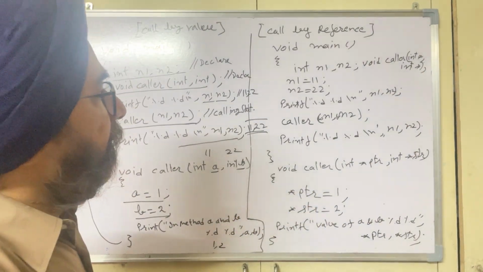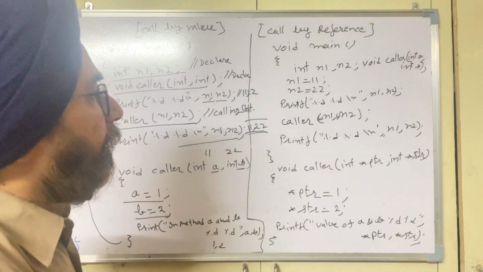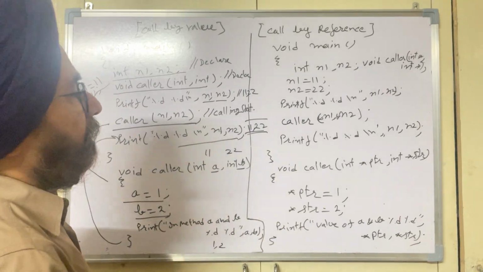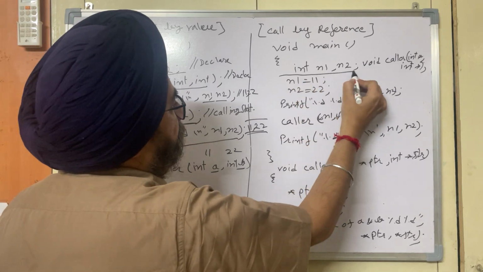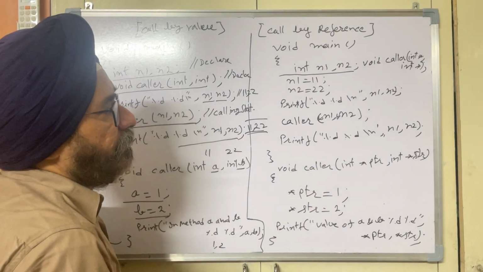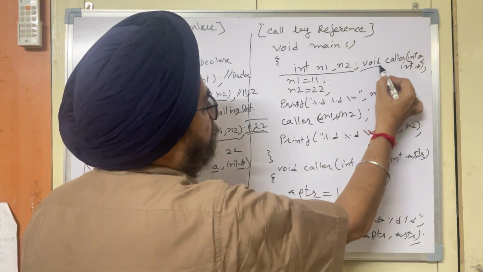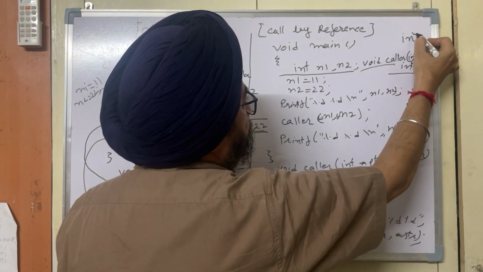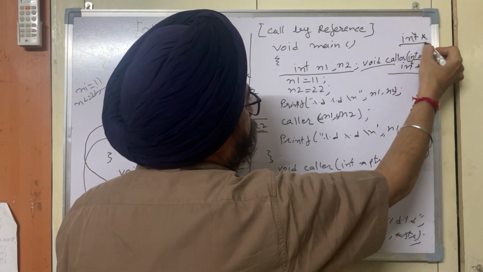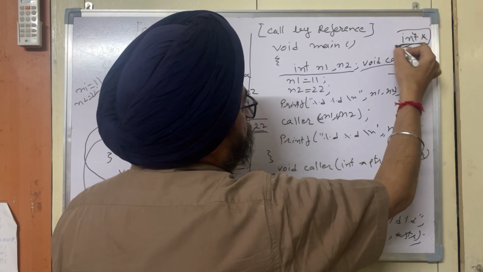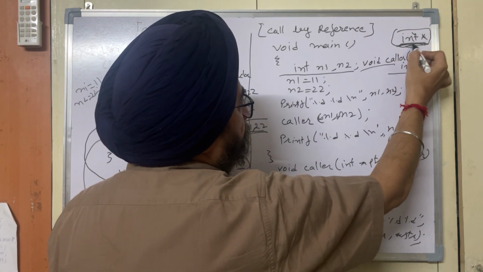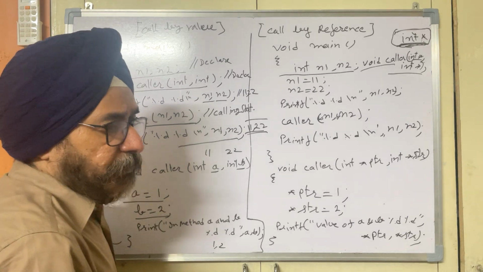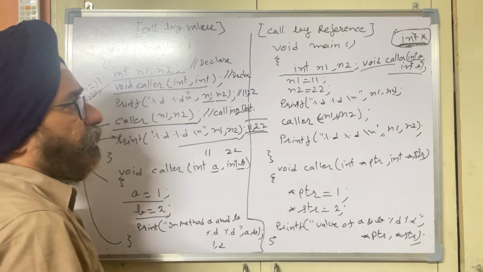In this call by reference, how do we pass the address in the method? I use variable declaration for two variables and also declare the method. Remember, I am using int asterisk because we need the address. In the previous example, we know the asterisk is used to take the address of the variable.